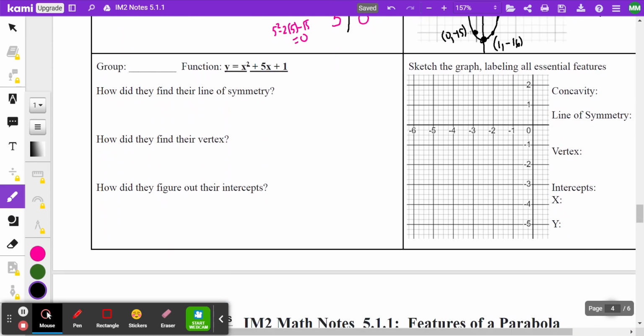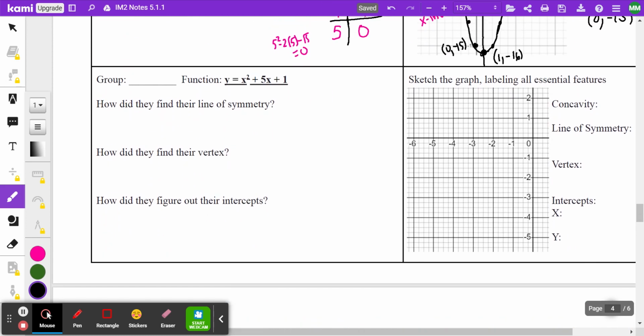Okay, next. Ooh, let's see. X and Y. Okay. I will start at -3.